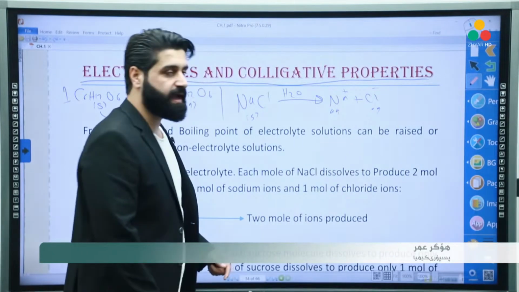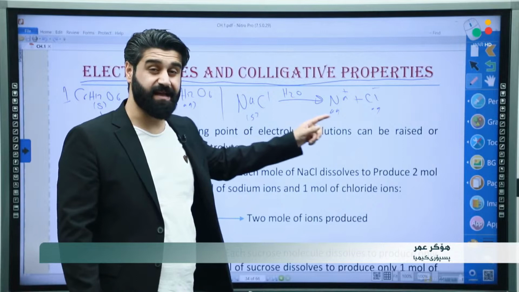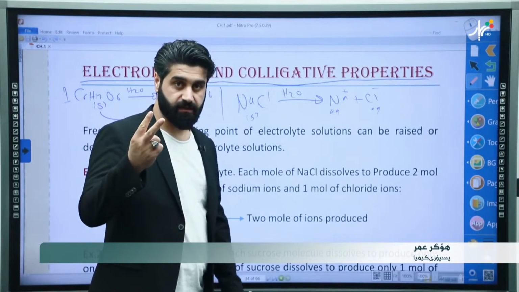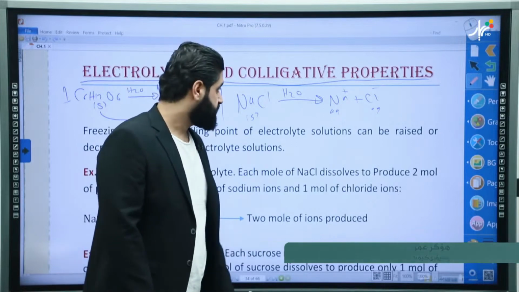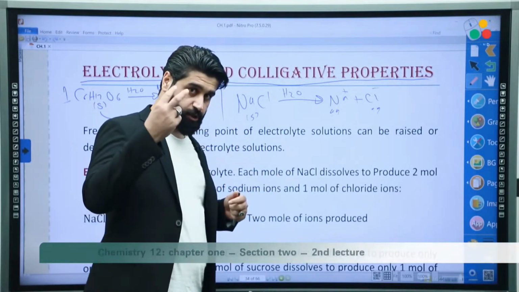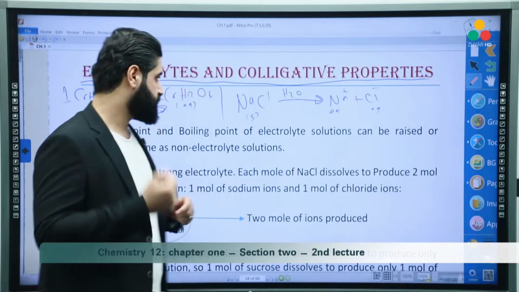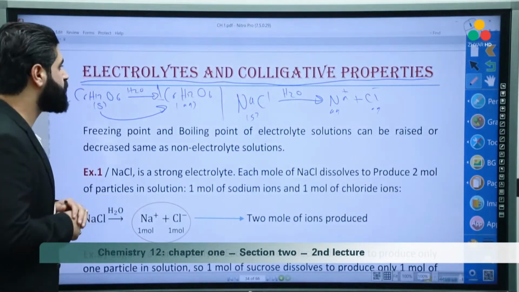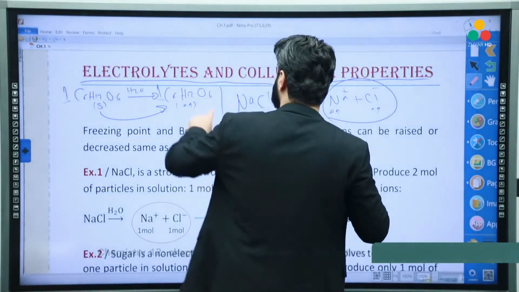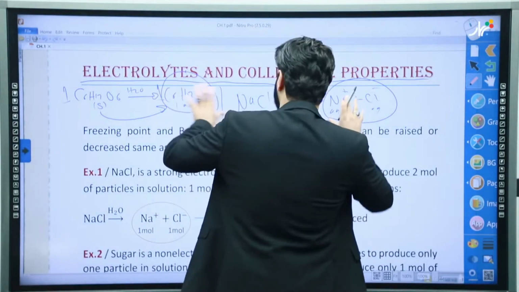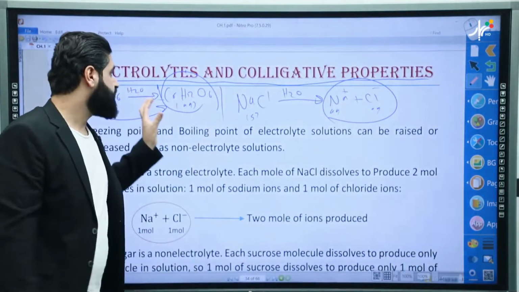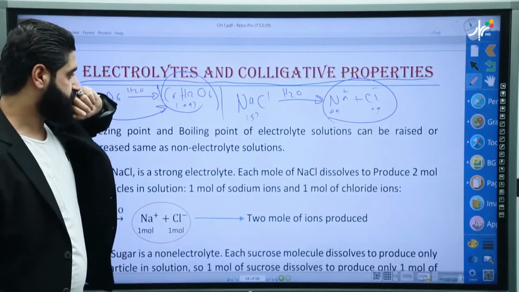So dissolving an electrolyte results in at least 2 moles of ions; dissolving 1 mole of electrolyte results in 2 moles of ions. So surely we have to care. We have to deal with this difference, okay? We have to deal with it. That's why we will study electrolytes and colligative properties.